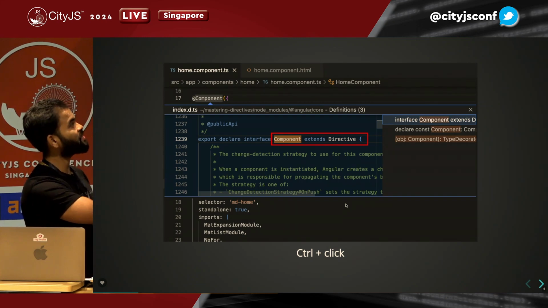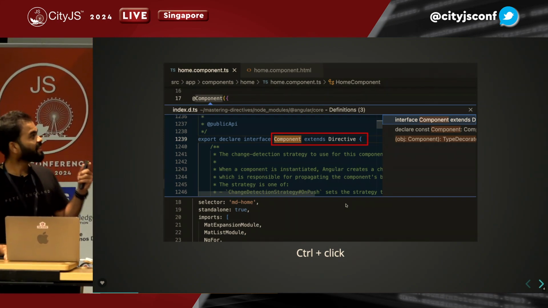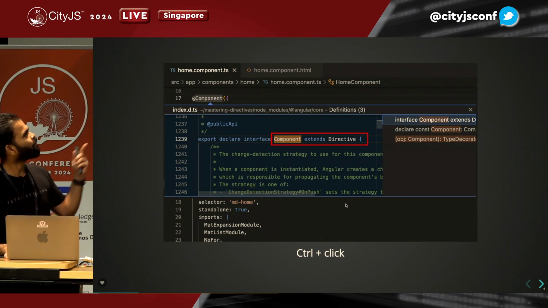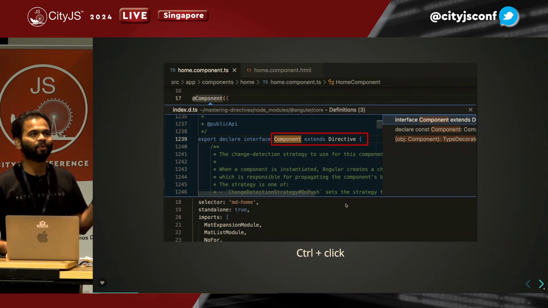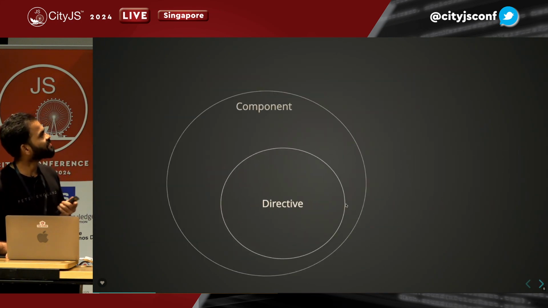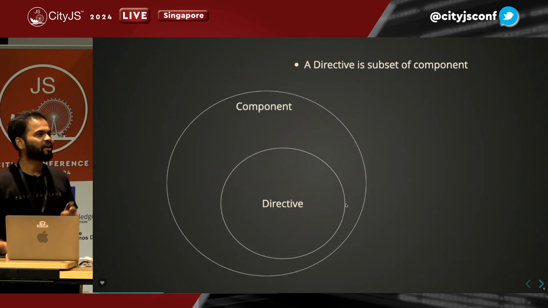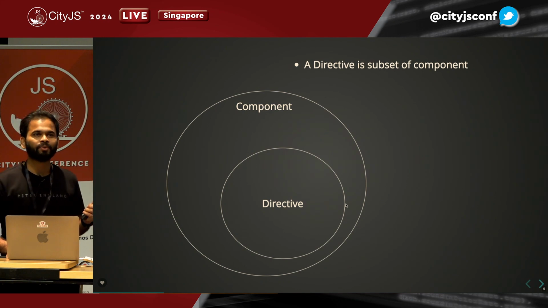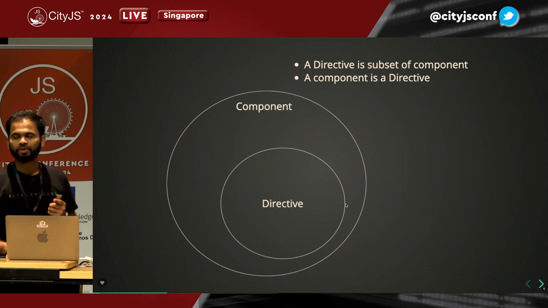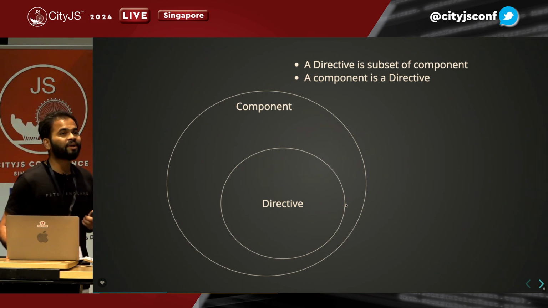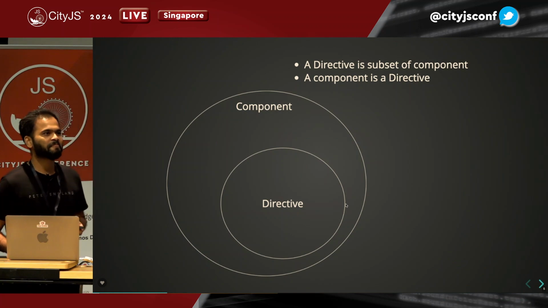I get to see the definition file, and I can see one thing which is very obvious: component extends directive. Oh, I think we have some answer now. Now we can say a directive is a subset of component, and also we can say that a component is a directive, correct? When it is a subset, then we can say that.